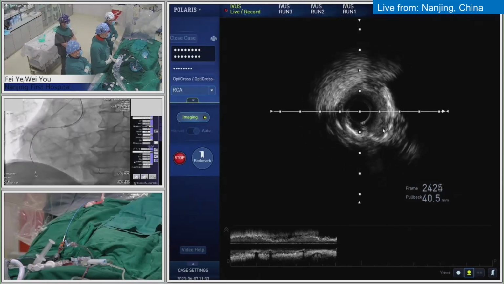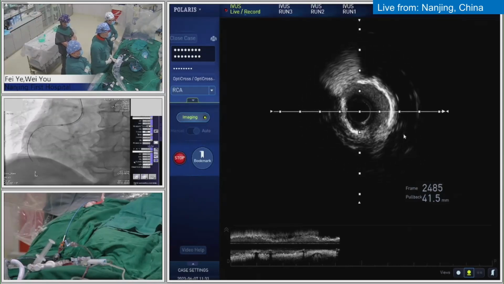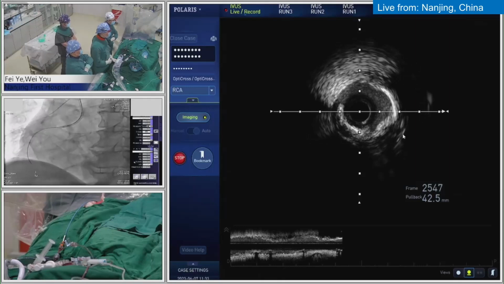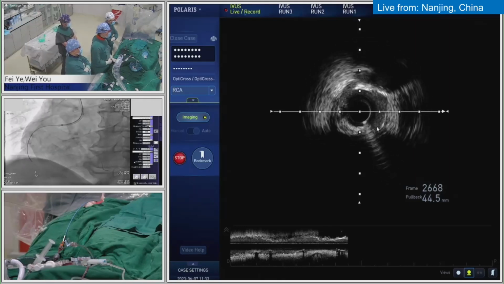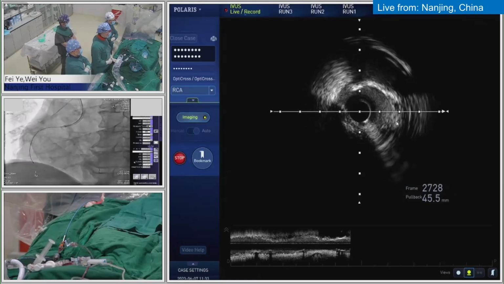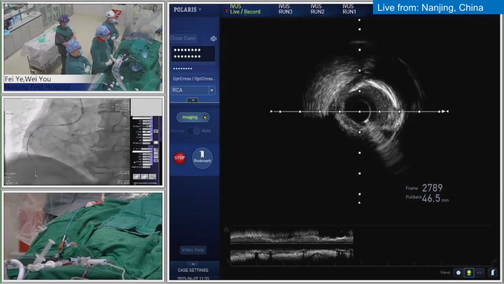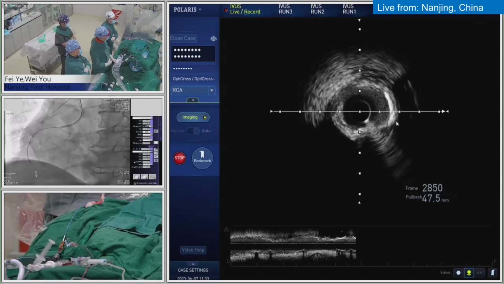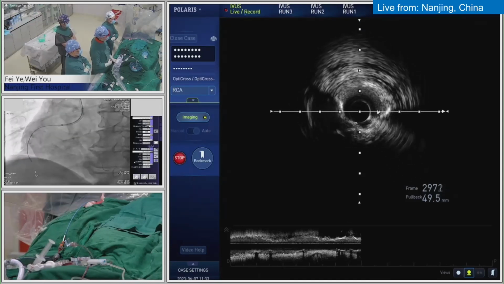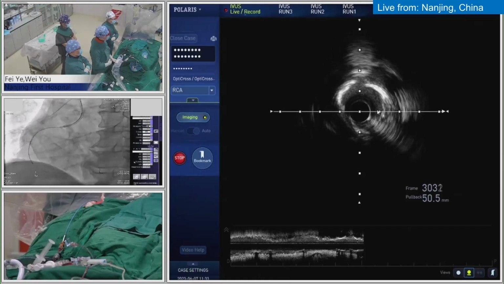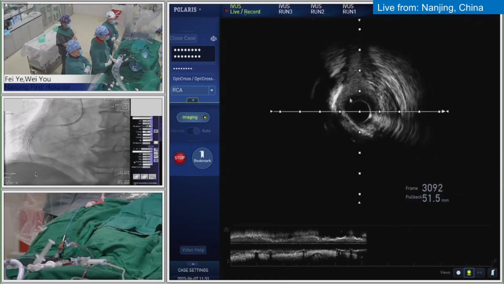This is a crack. And the lumen diameter is more than 2.0. Uncontinuous, right? Yeah, you can see very crack. Yeah, several cracks.